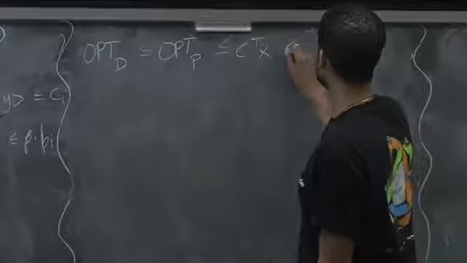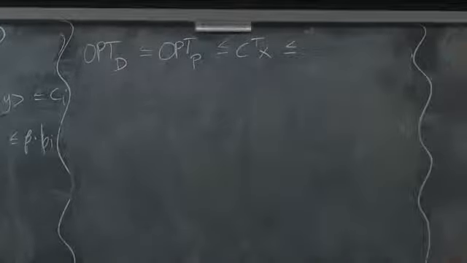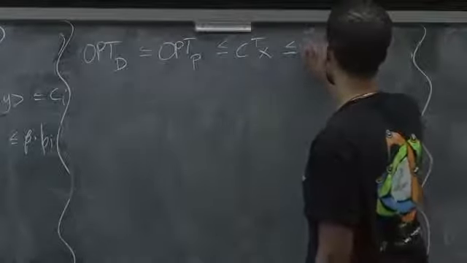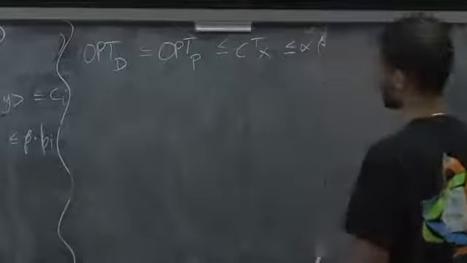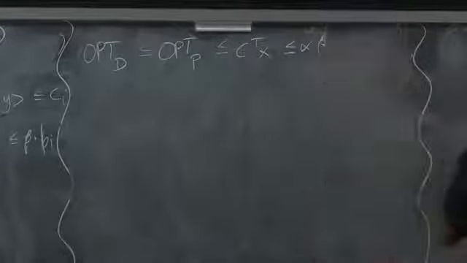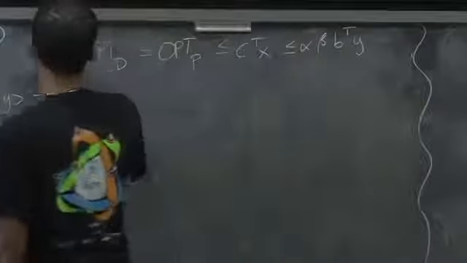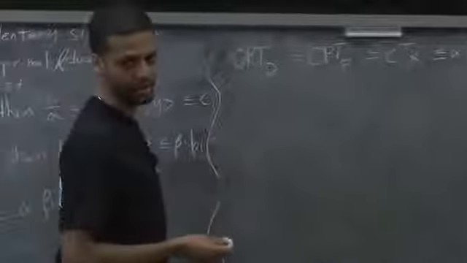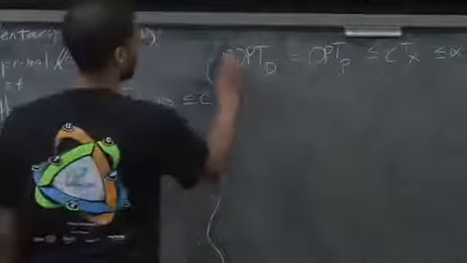And I'm telling you that that's at most alpha beta times B transpose y. Right? So remember, the dual is a maximization problem. So certainly opt of the dual is at least B transpose y. Right?